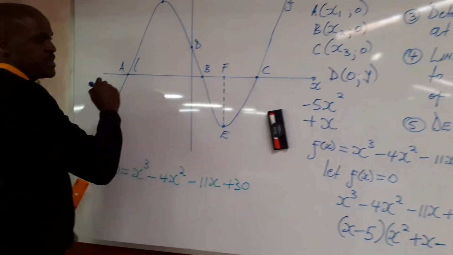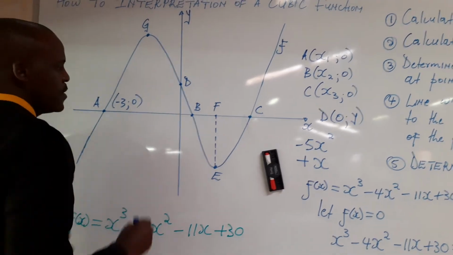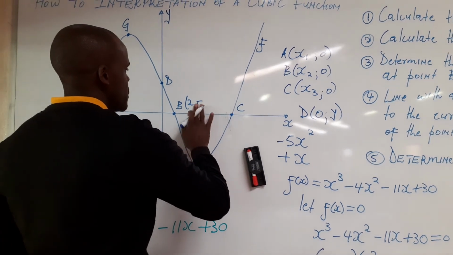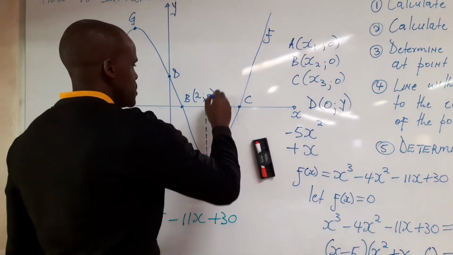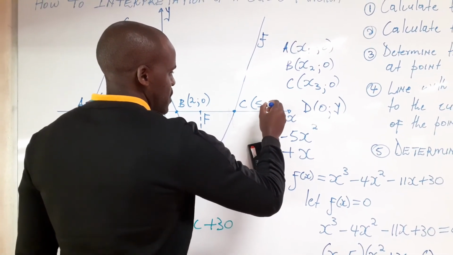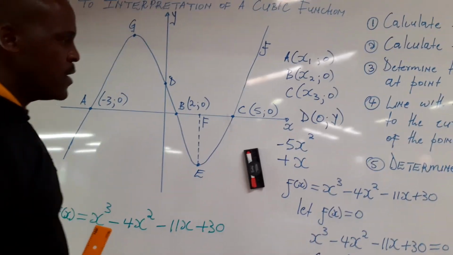The first point here is (negative 3, 0). This one is (2, 0). And this one here is (5, 0).